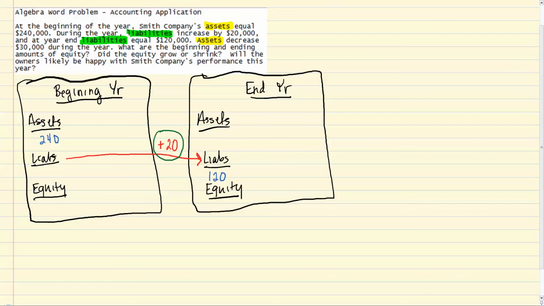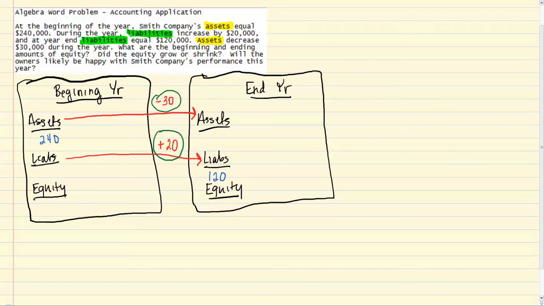Now the assets decrease 30,000 during the year. So that means that our assets from here to here are going to decrease by 30,000, so I'm going to put a minus 30 here. What are the beginning and ending amounts of equity?